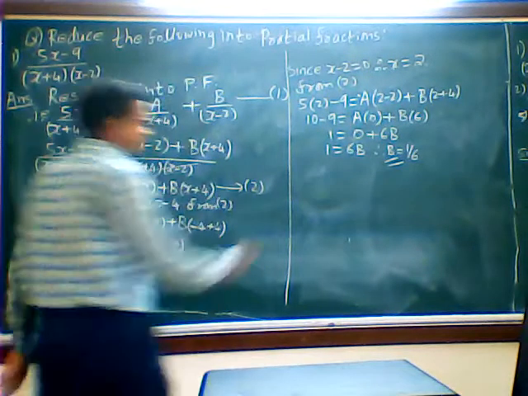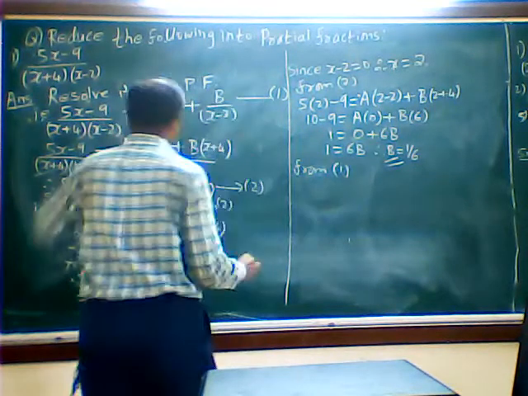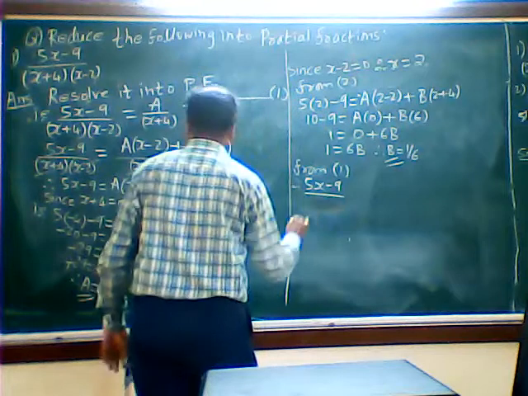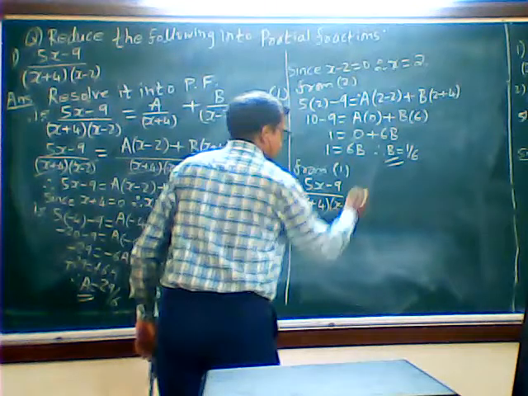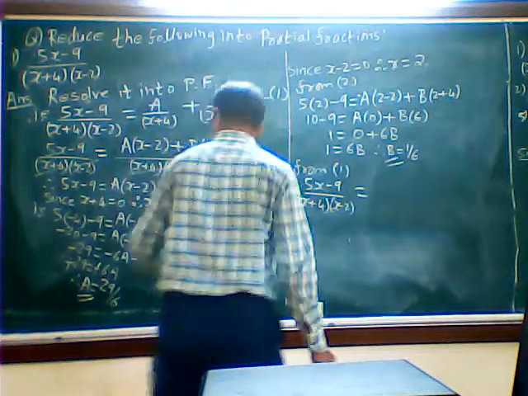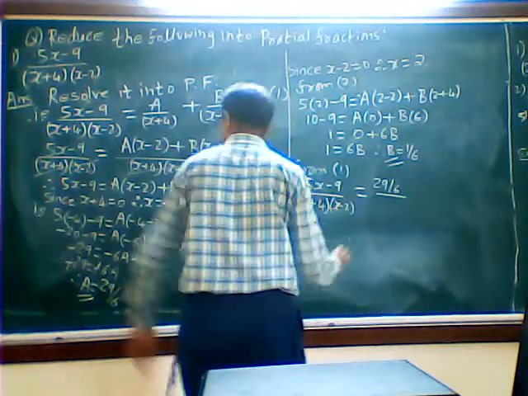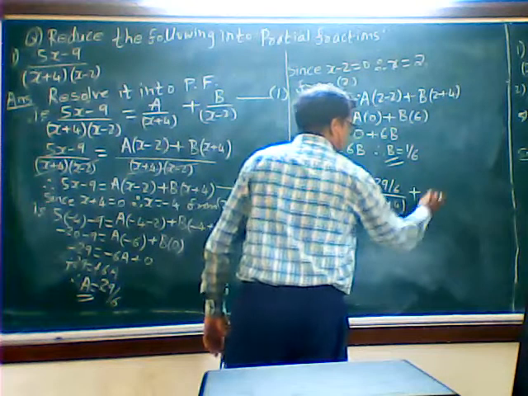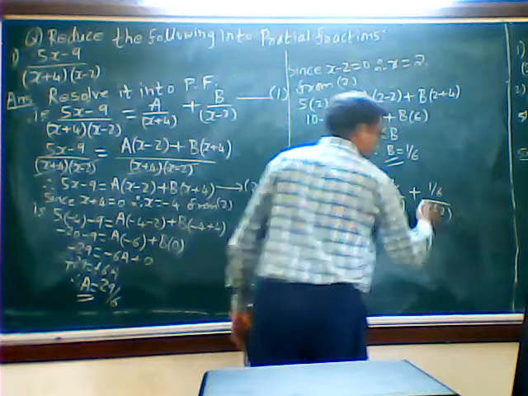Then I will say from equation 1, therefore (5x minus 9) divided by (x plus 4) into (x minus 2) is equal to, what is A? A is 29 by 6 divided by x plus 4, plus B is 1 by 6 divided by x minus 2.